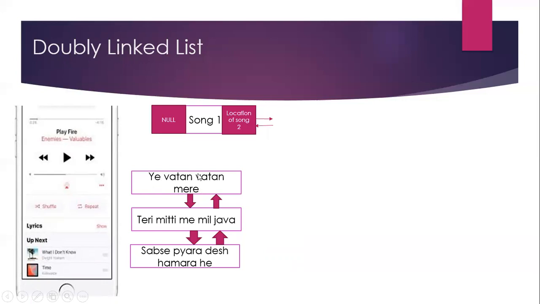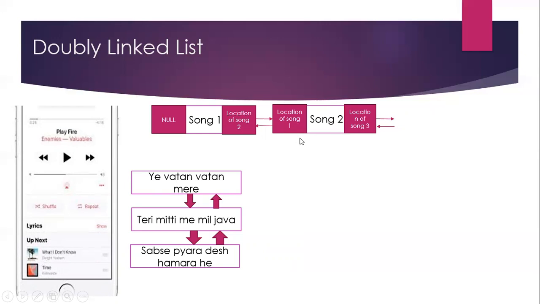Before the first song you don't have anything, so song 1 has no previous one and contains null. Song 1 has a next song, so after song 1's node, the song 2 node will be there, and the next of song 1 is the address where song 2 is saved.